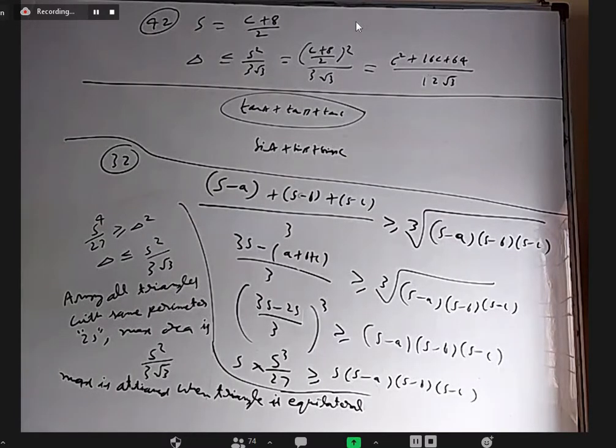Are you sure minimum is 0? Sir, yes. Let us take angles as 0.001 degrees, 0.001 degrees, and 179.99, like that, sir. Oh, that is excellent. Very nice. Very good explanation.